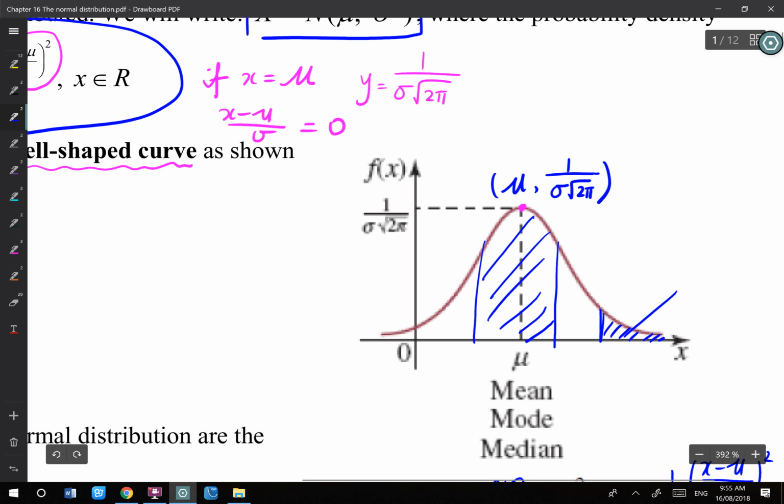So when we increase the sigma value, what's the overall change for the y value? When sigma changes from 2 to 3, do you think the overall value increases or decreases? Decreases. A larger denominator will have a smaller overall value. 1 over 2 is larger than 1 over 3.